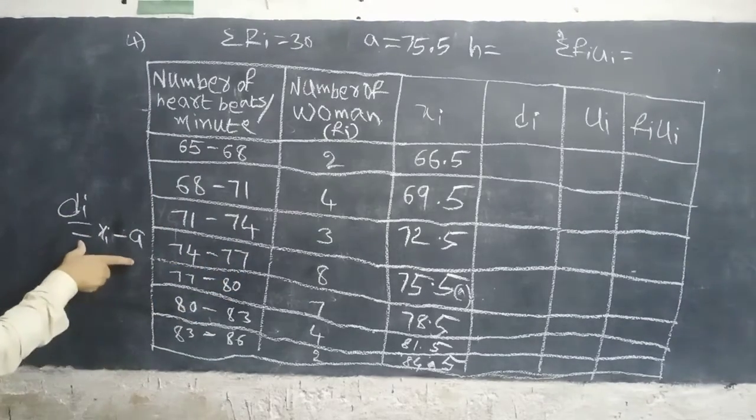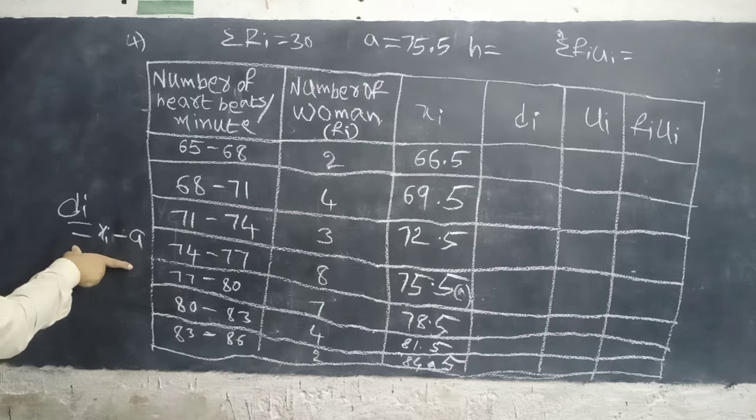According to this formula, dA equals xi minus A.